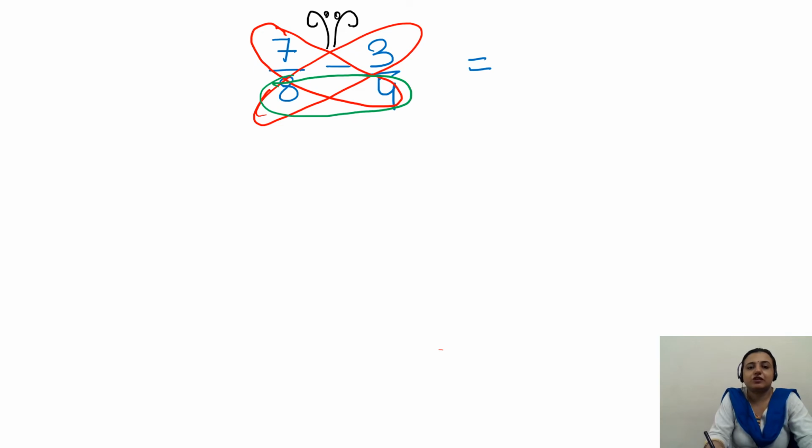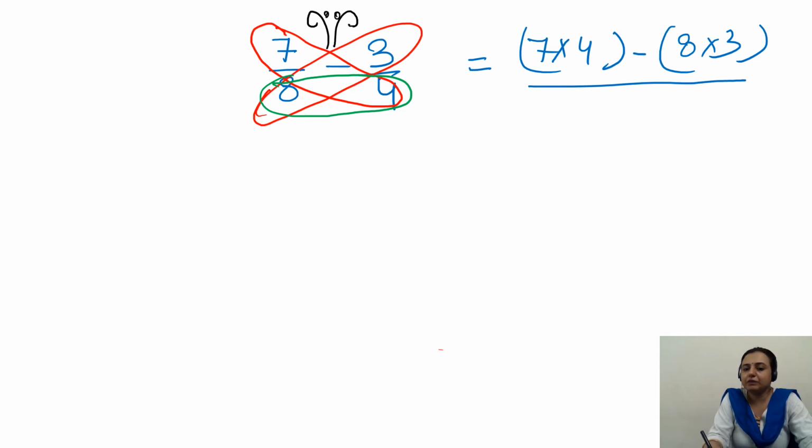So this is equal to 7 fours are 28. First practice it in this way, and once you practice it, then just simply see and write down the product. Okay. So like this, 8 threes are 24. Instead of writing 8 threes, you can directly write 24. This will help you in competitive exams, right?